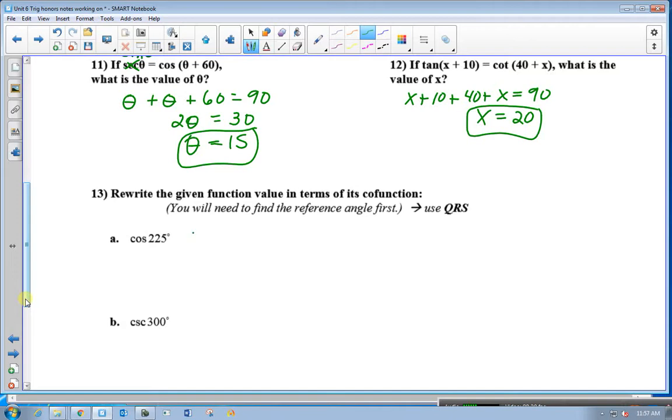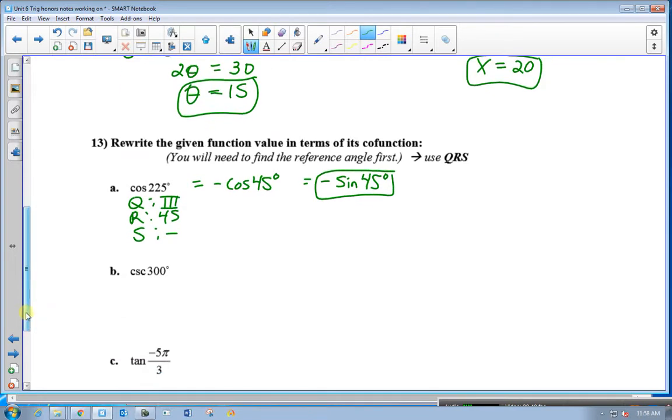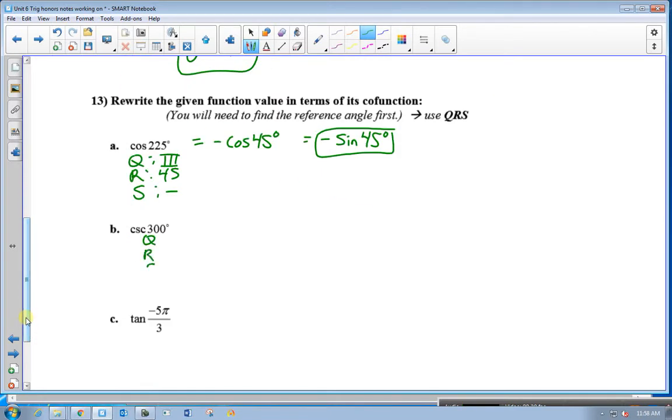Cosine of 225 is equal to negative cos 45 because you're in quadrant 3, reference angle 45, sine negative. Negative sine 45. Yep. And then cosecant of 300, quadrant 4, reference angle 60.